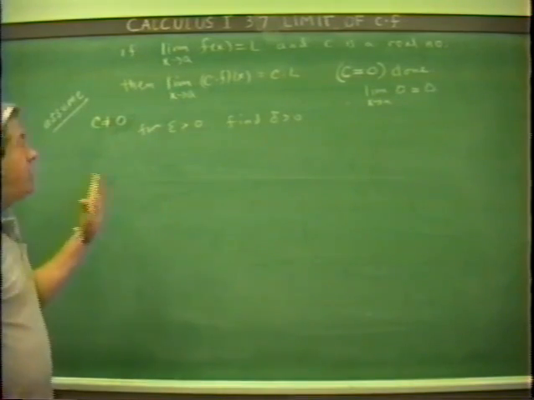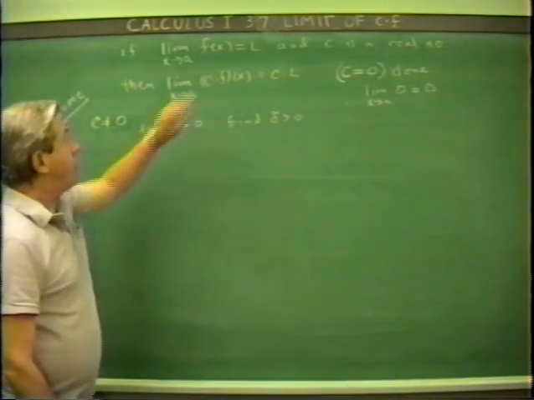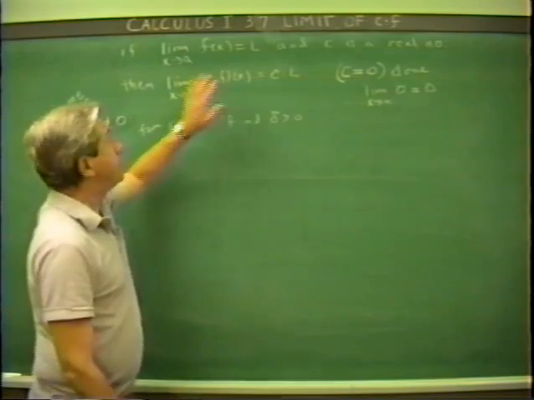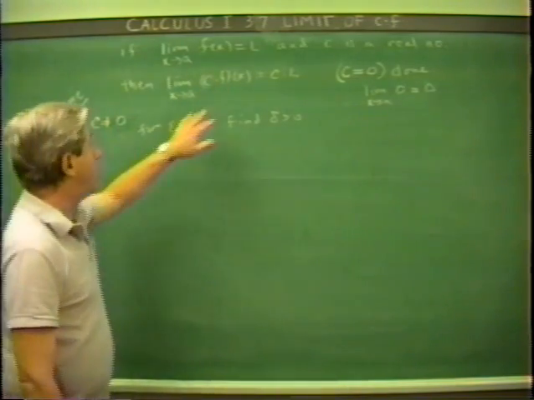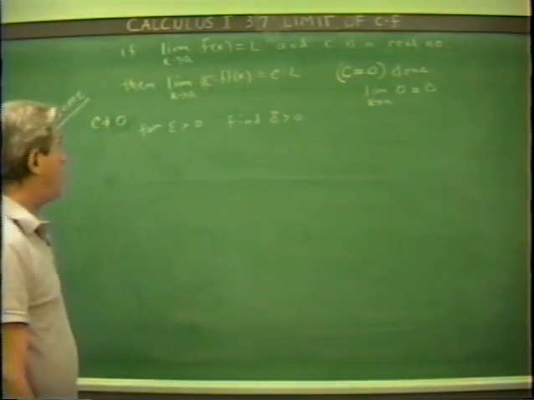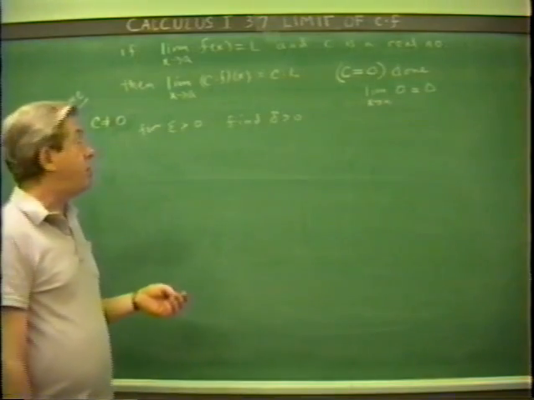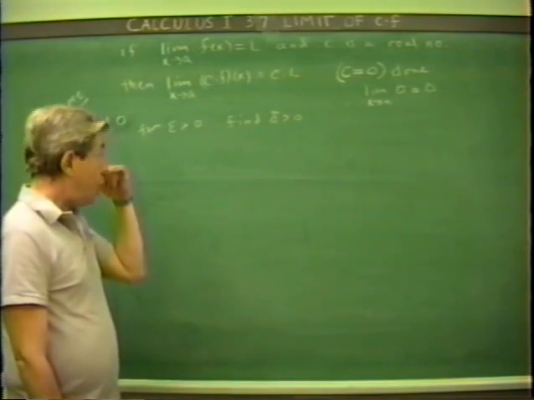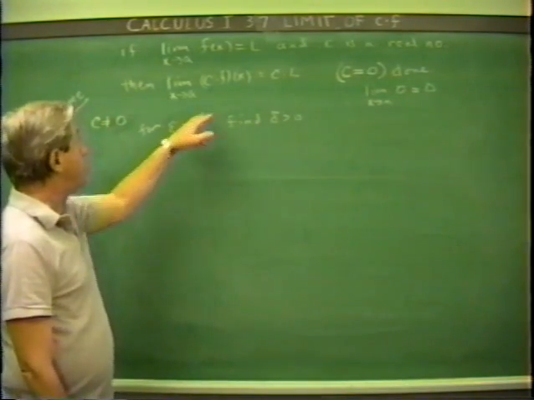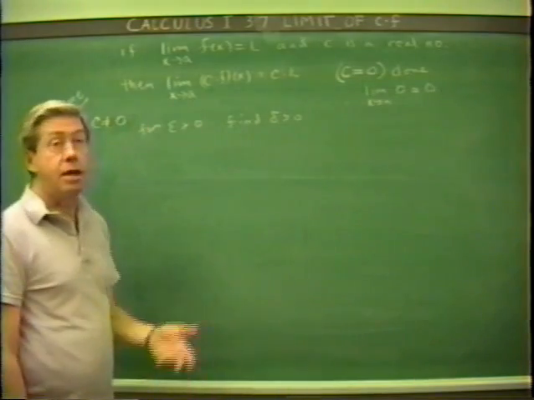In the rational example, the denominator does not approach 0, so the limit of the quotient is the quotient of the limits.